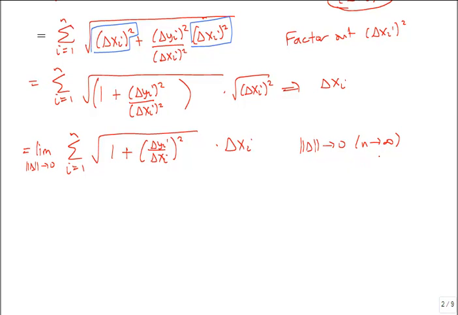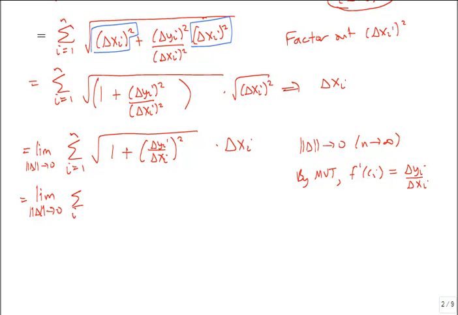We can also say by the mean value theorem, since we have a nice continuous differentiable function, that there has to be some point c sub I where the derivative at c sub I is equal to the slope of the secant line, which is our delta y sub I over delta x sub I. So by the mean value theorem, this quotient turns into a derivative at some point inside of that subinterval.